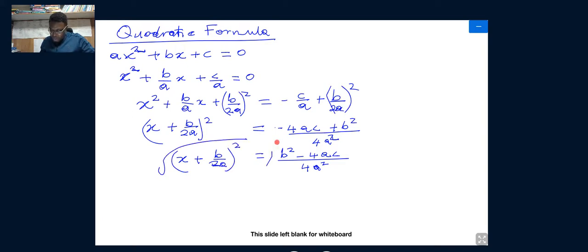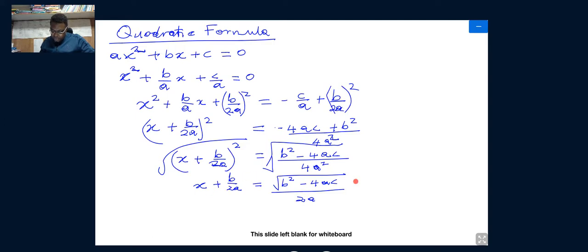Square root, we get x plus b over 2a equal to the square root of b squared minus 4ac, still under the square root, over 2a. The square root of 4a squared is 2a.